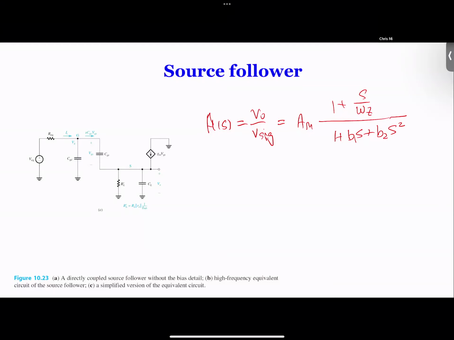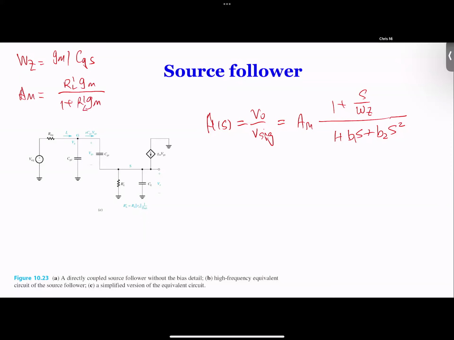In this case, WZ equals GM over CGS, and AM equals RL prime times GM over 1 plus RL prime GM.